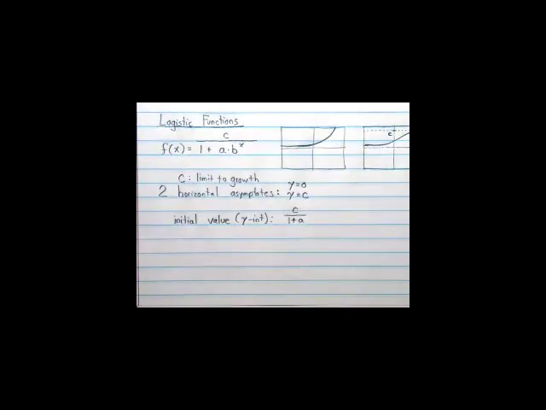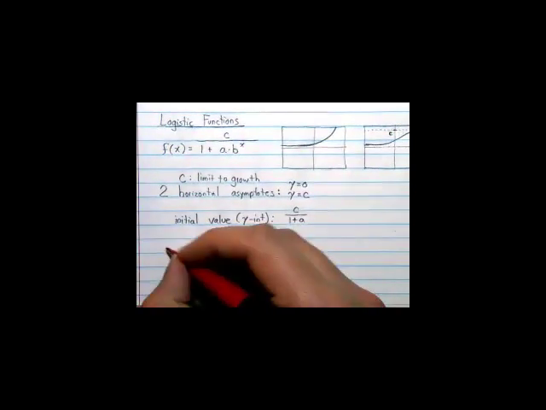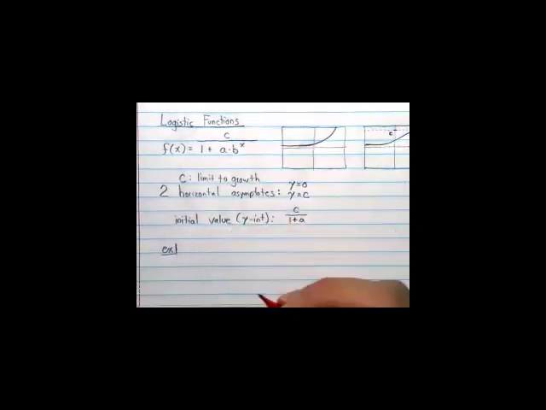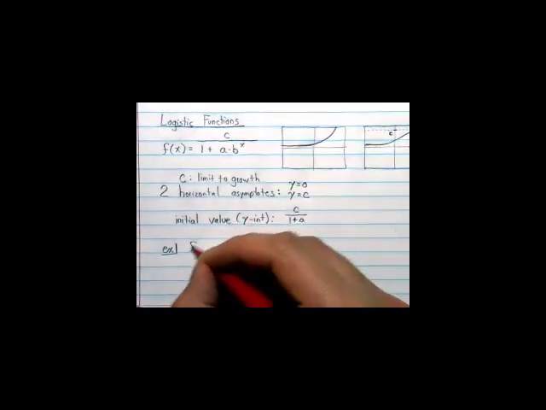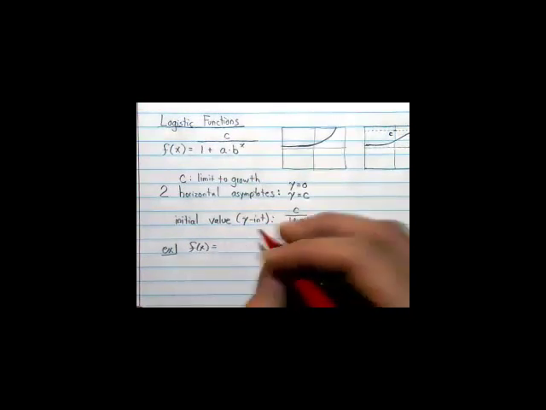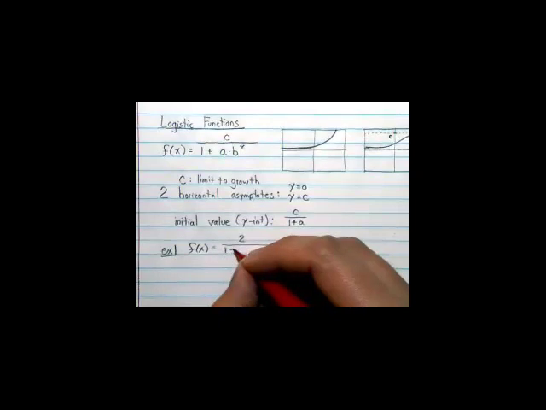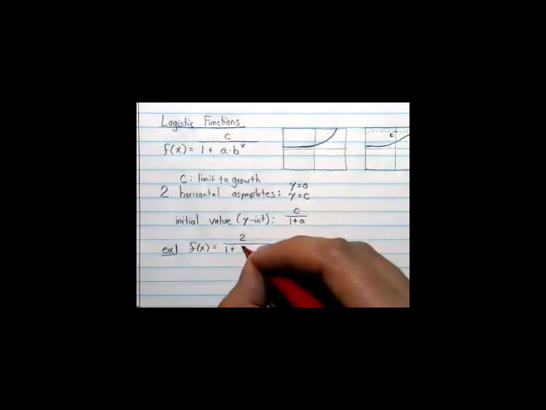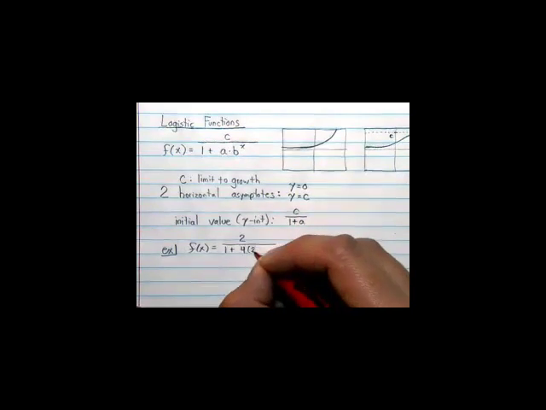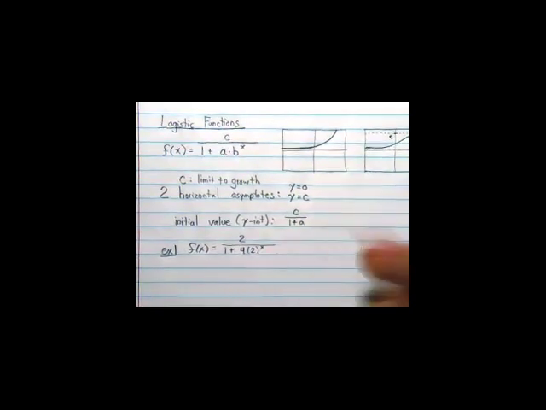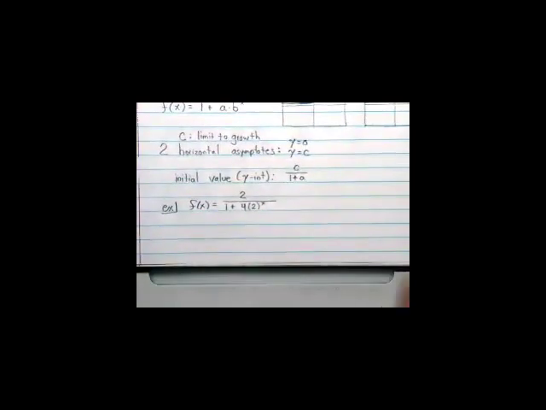So, all right. So let's see if we can analyze a logistic function here. Okay, so how about f of x equals 2 over 1 plus 4 times 2 to the x?